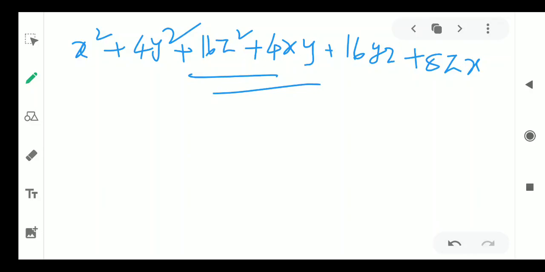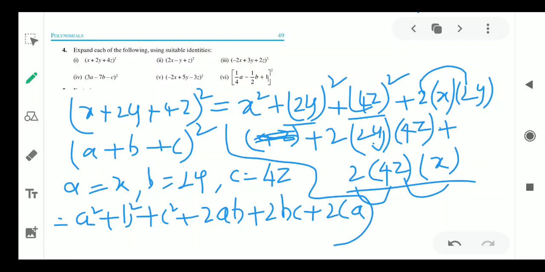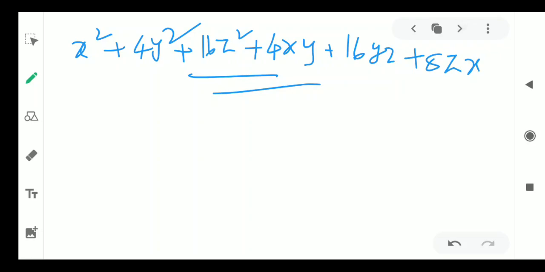All questions are the same model. You just write the a value, b value, c value from the question, and then you simply substitute in the formula, that is a² + b² + c² + 2ab + 2bc + 2ca. Okay, so see the next question. What is the next question? (2x − y + z)².